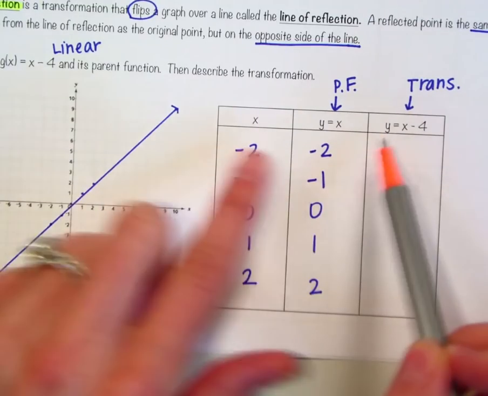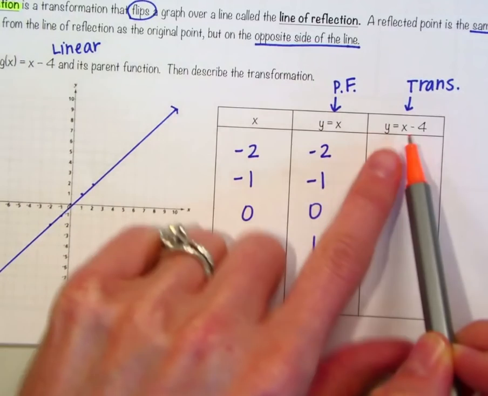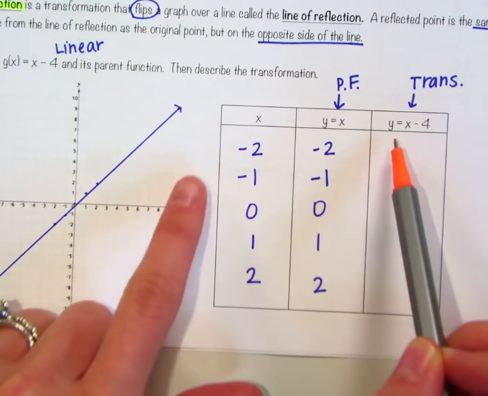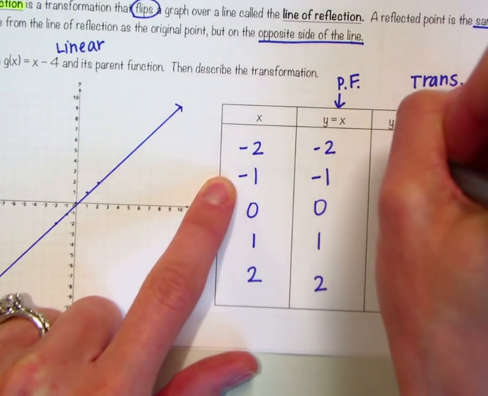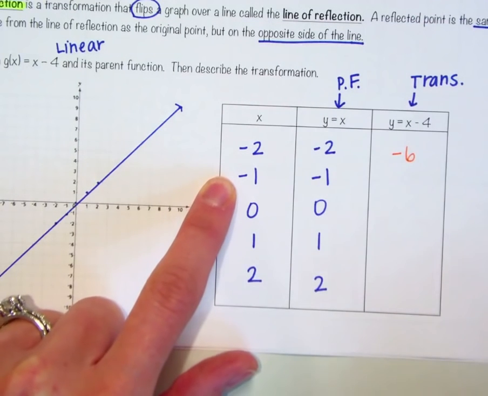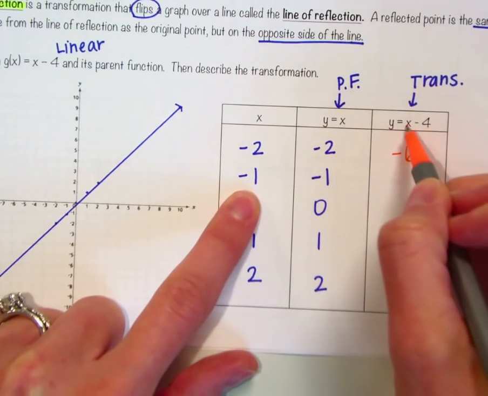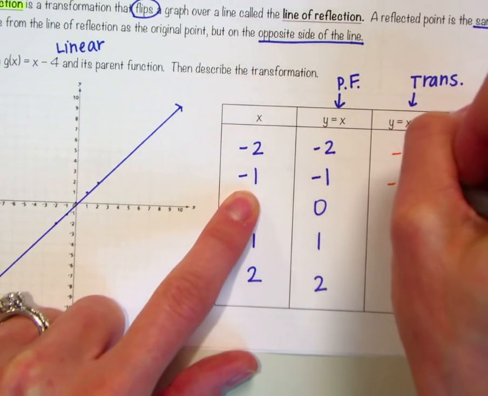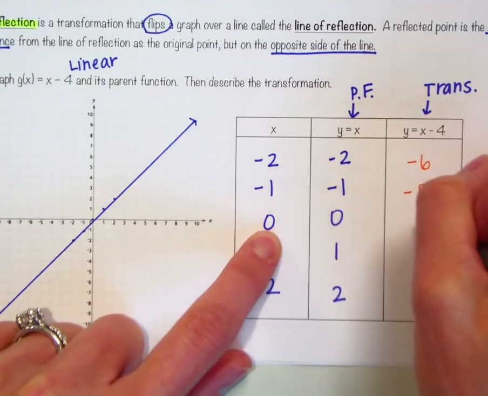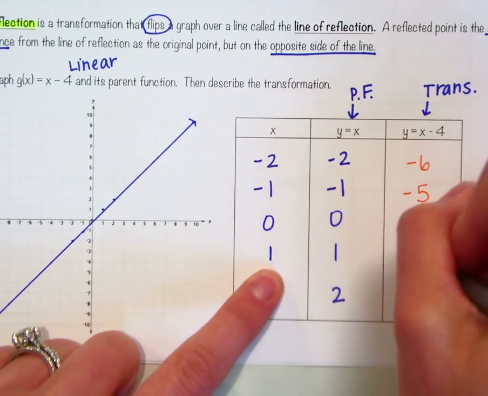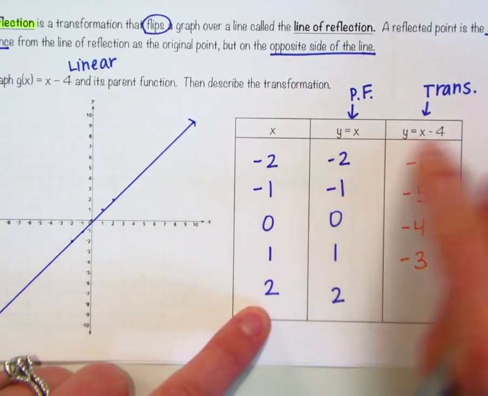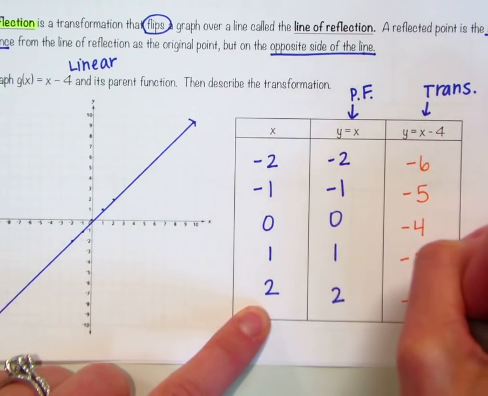So for this transformation, if you don't have a graphing calculator to do what I'm going to show you here in a second, we would take the same x values and substitute them in. So if x is -2, -2 minus 4 is -6. Okay. -1 minus 4 is -5. 0 minus 4 is -4. 1 minus 4 is -3. 2 minus 4 is -2.